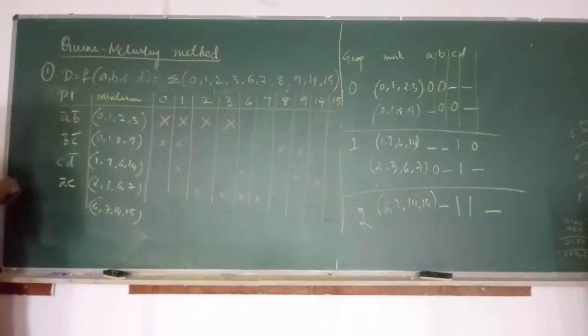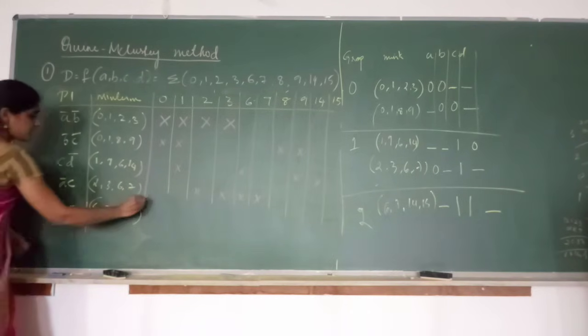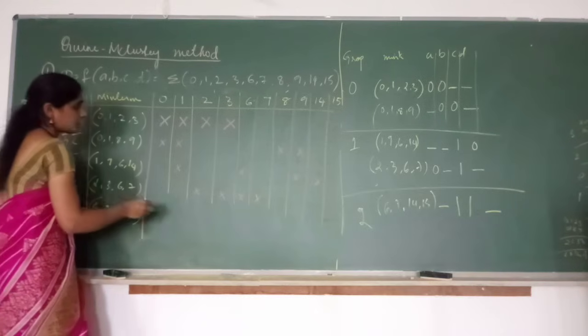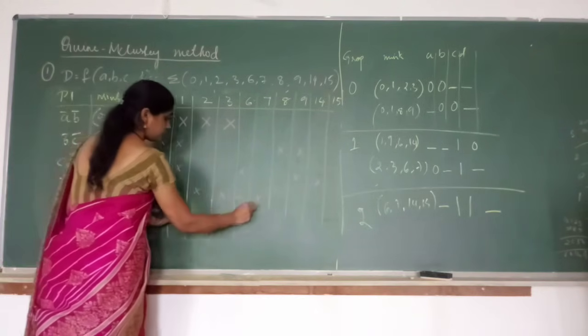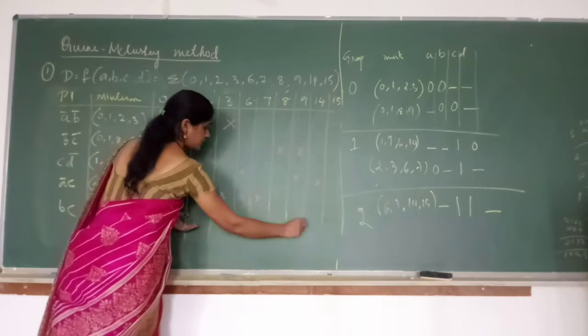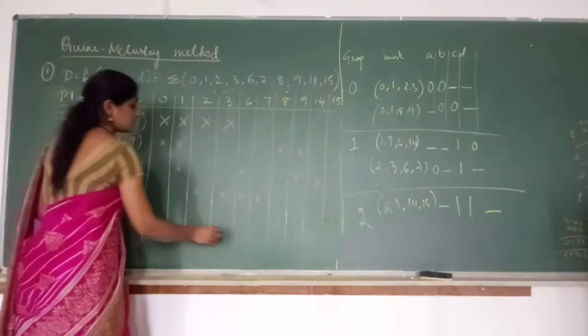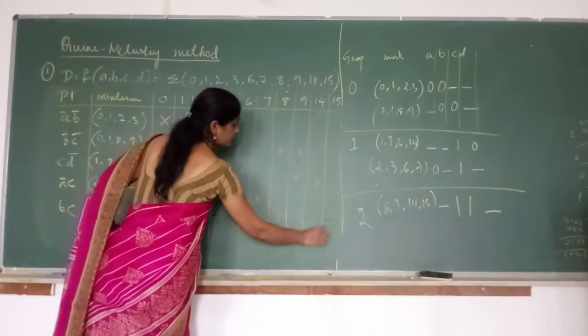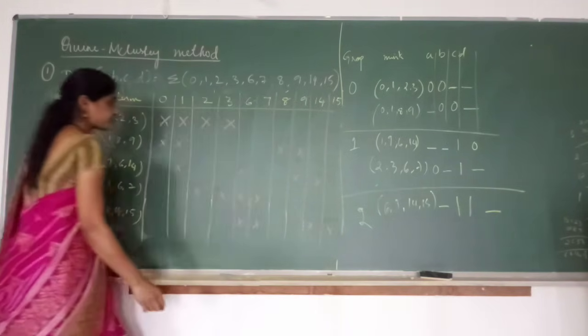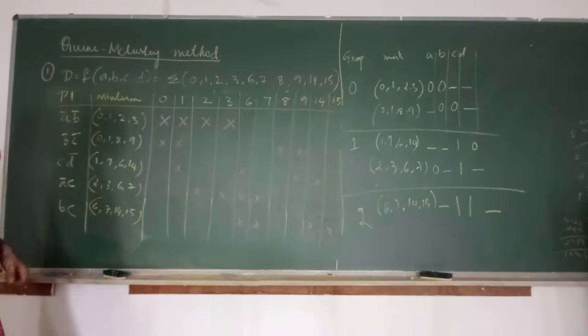Right? So what is the term we get? BC. We get BC. 6, 7, 14, 15. Okay. So this is how you construct the table.